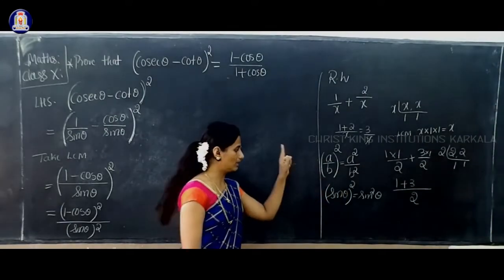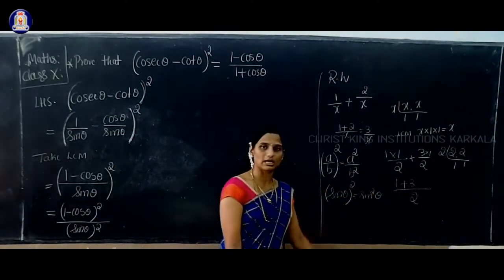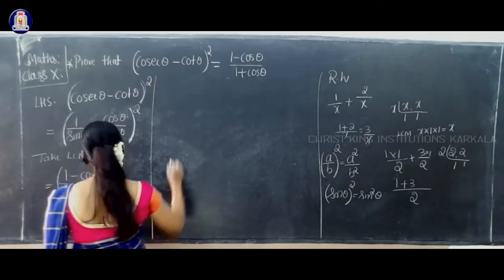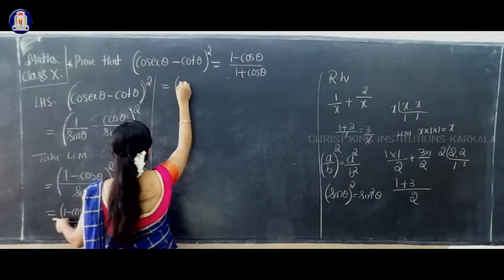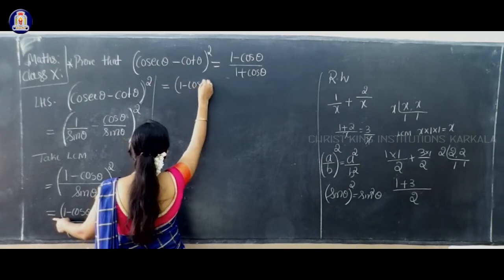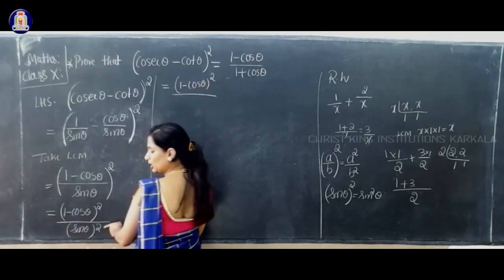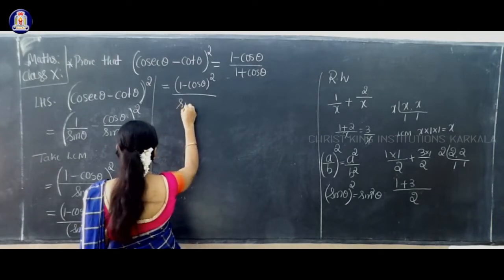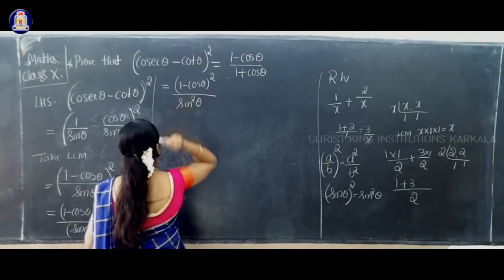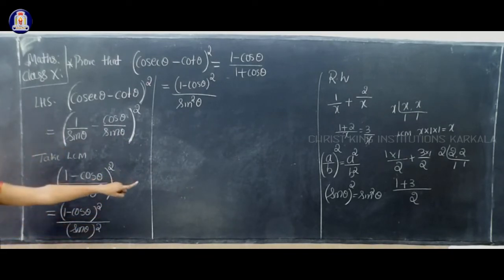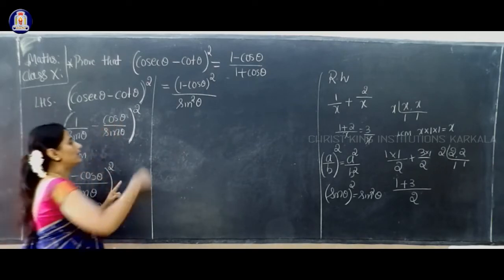Both are the same. So the next step is 1 minus cos theta, keep as it is, whole square divided by sin square theta. Understood? Both are the same, so that only I am writing here.